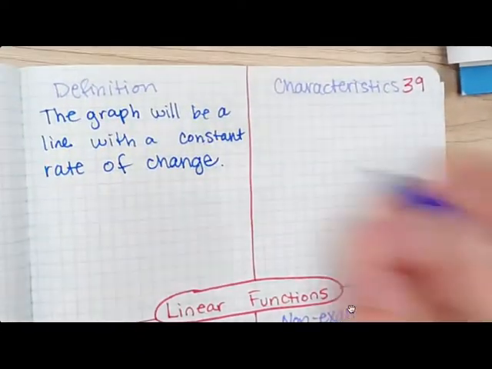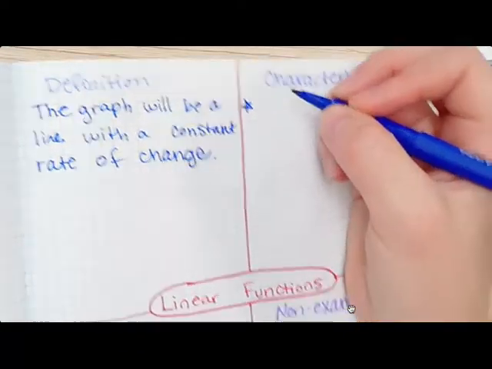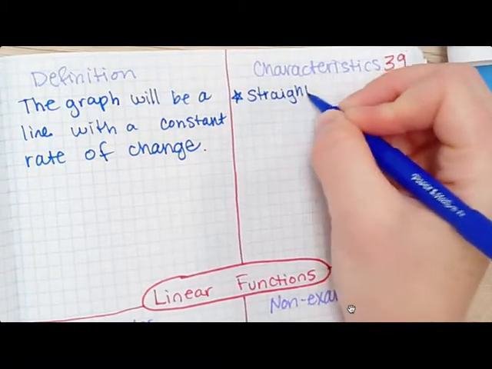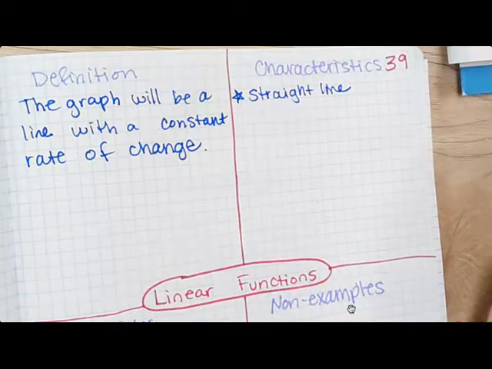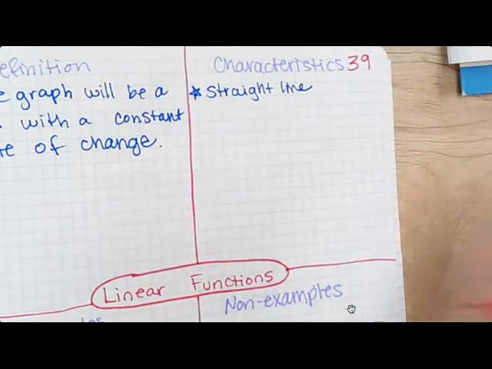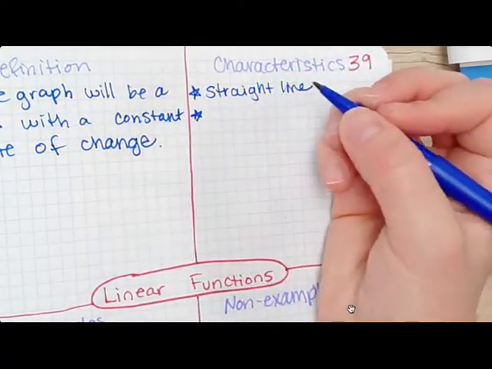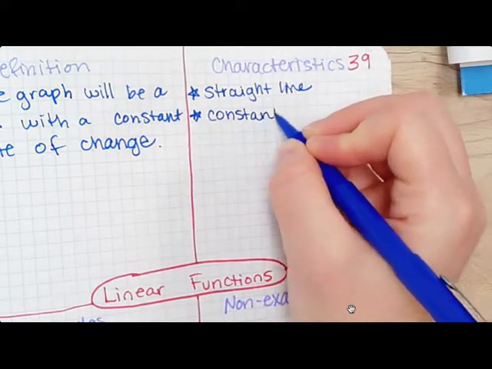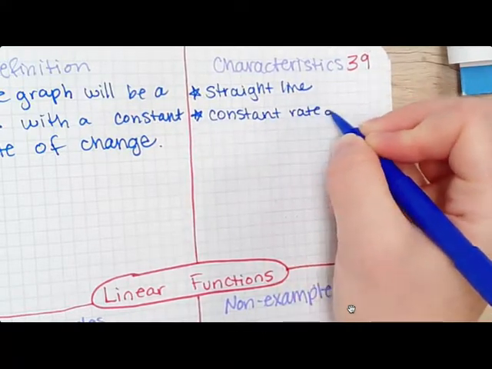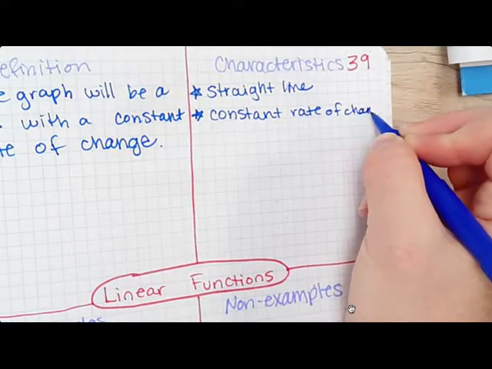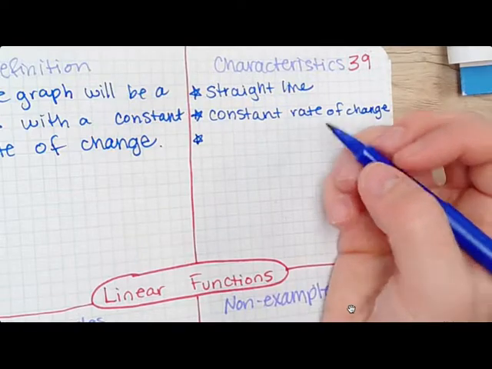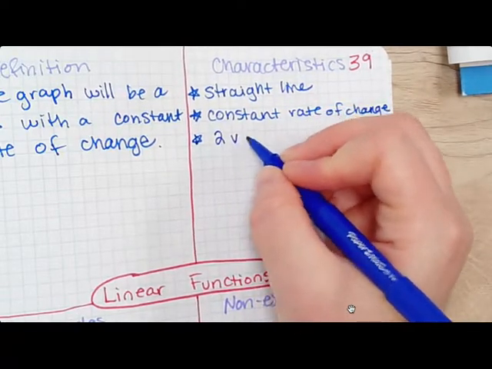And then we have some characteristics. So one of those characteristics is it's going to be a straight line. And then it's going to have a constant rate of change. It's going to be a 2-variable equation.